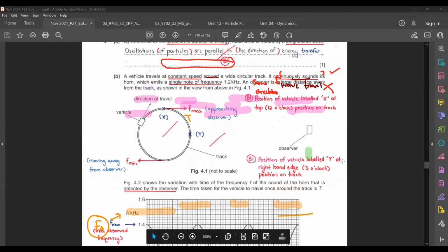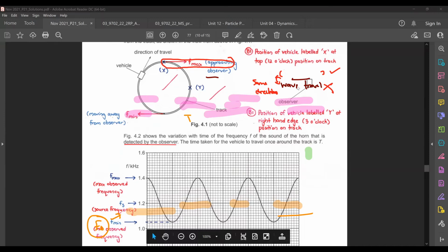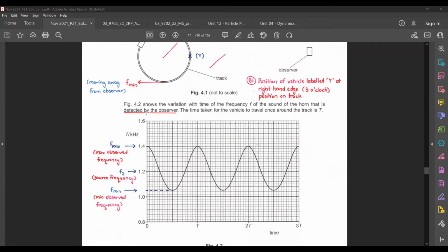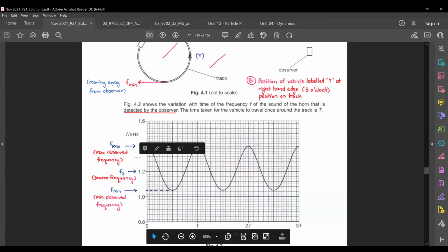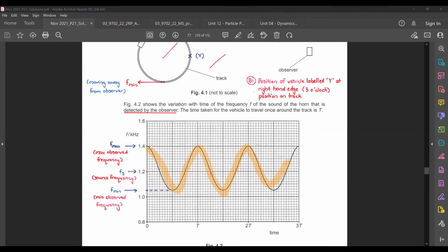The variation of observed frequency with time is given by this graph here. You see your observed frequency goes up and down, right? Like this. So this one is your max frequency, this one is your minimum frequency.